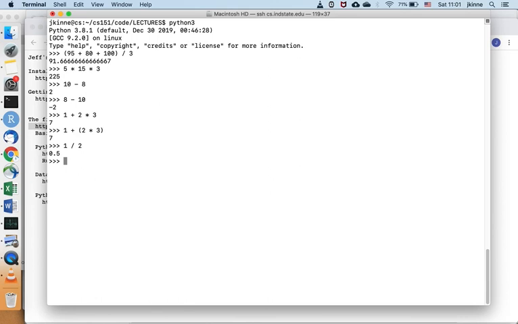If you were in elementary school and you did, say, 25 divided by 3, that's 8.3, but you might write it as 8 remainder 1. 8 times 3 is 24, and then you have 1 left. So 8 times 3 plus 1 is 25.